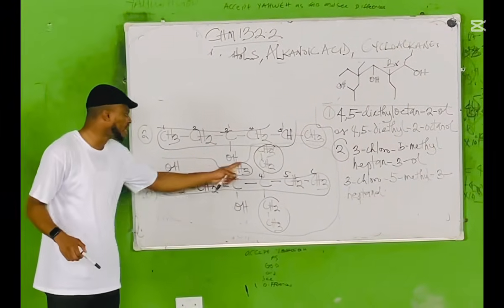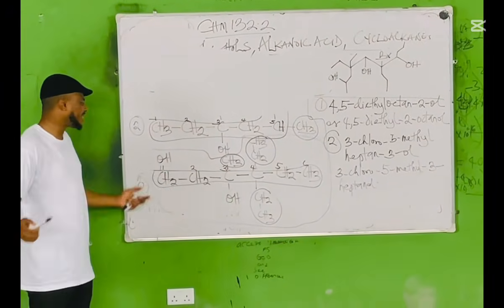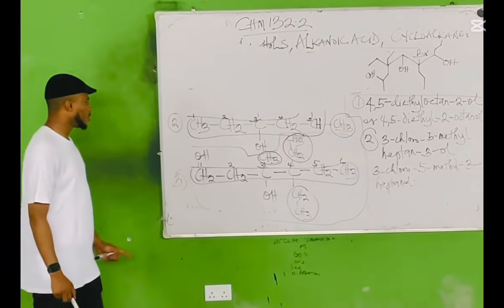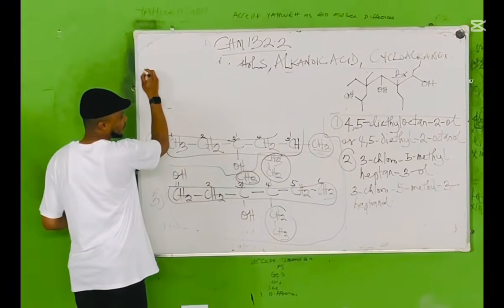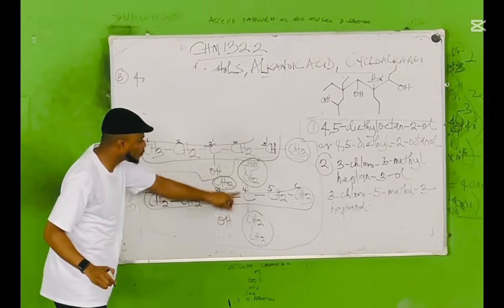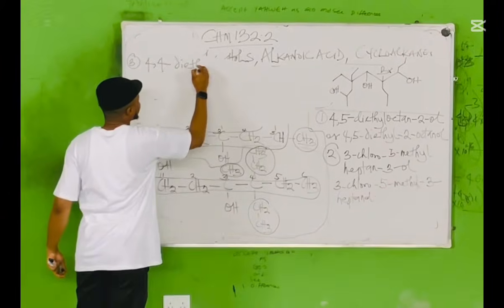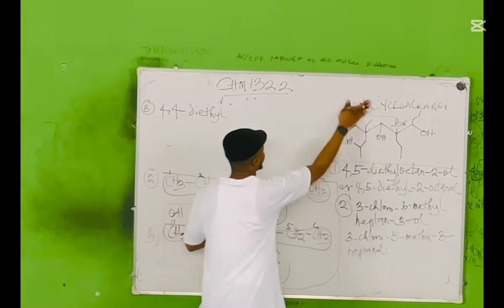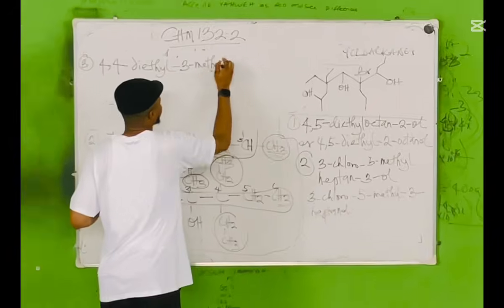We have 3 substituents: 2 ethyls and 1 methyl. As our culture is to write in alphabetical order, ethyl comes first. So for structure 3, we say 4,4-diethyl-3-methyl.